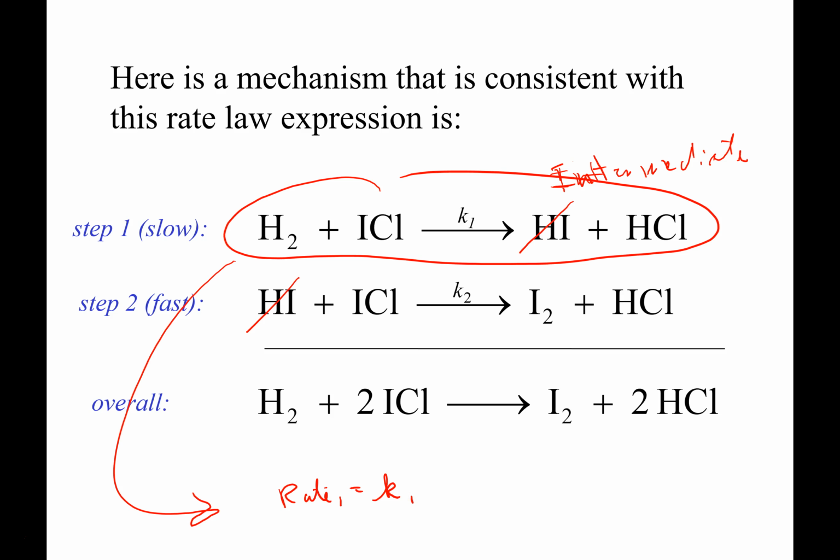And since it's an elementary step, I can go ahead and use molecularity. The molecularity of H2 is 1, so I'll put a 1 there, first order. The molecularity of the ICl is also 1. See how that works? Slow step, focus, come up with the rate law expression using molecularity for that elementary step.